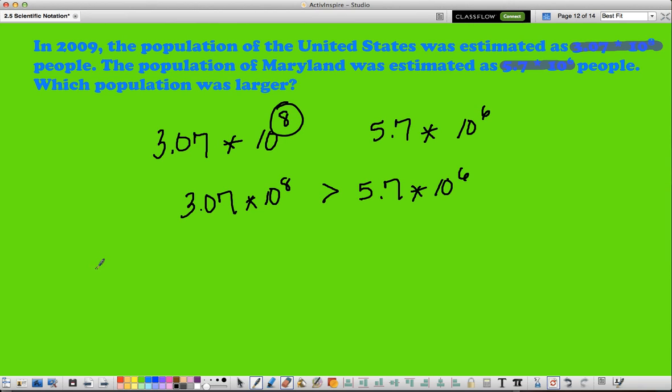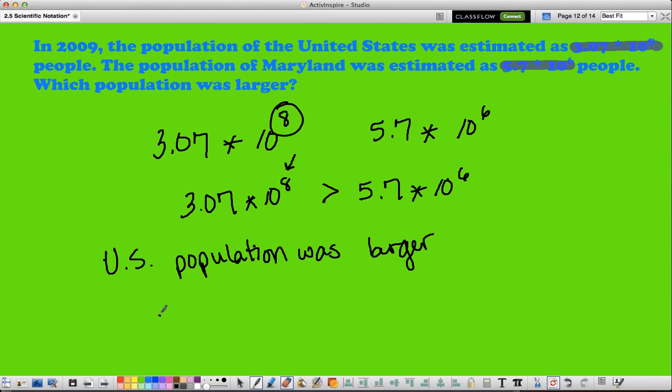So we know that the U.S. population was larger. Even though this 3 is less than this 5, that doesn't matter, because you first have to look at your power of 10, because this is going to turn into a larger number since it's being multiplied by a larger power of 10.